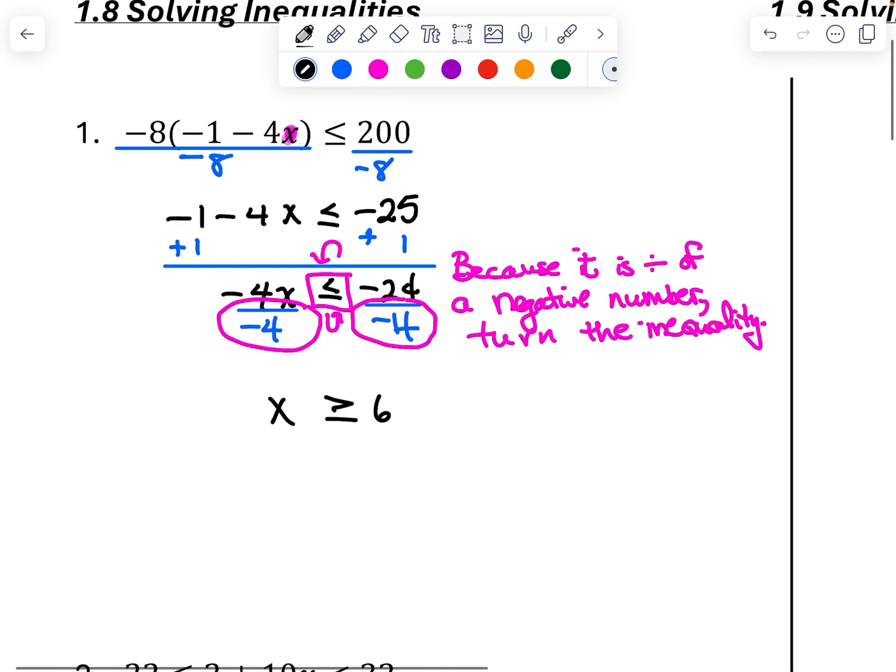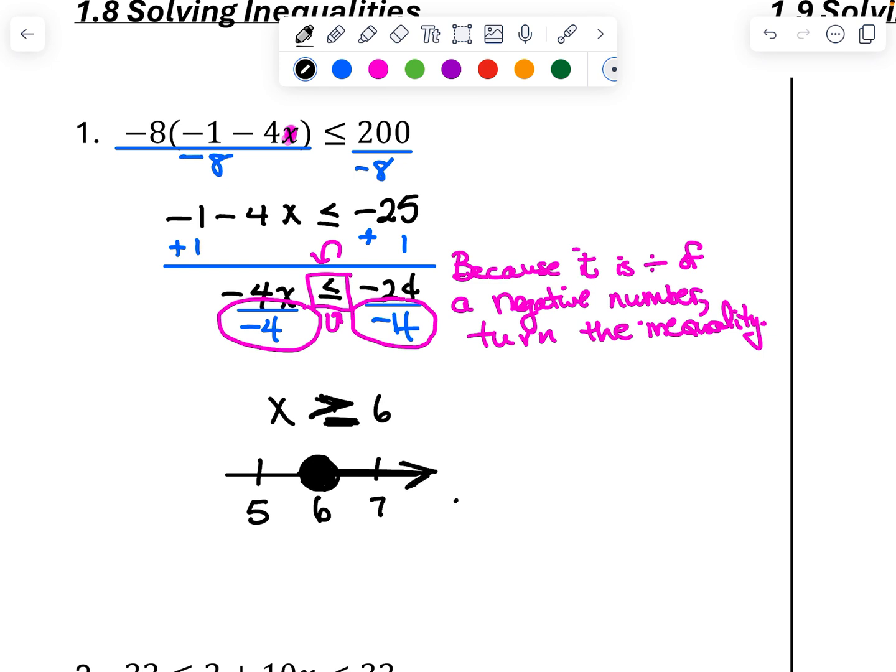So then we're going to make a number line. On the number line, we're going to put the number we're interested in. We're going to put a unit smaller. We're going to put a unit larger. Because this is an equality, this is going to be shaded. And because this is a greater than, we are going to find numbers that are greater than 6.